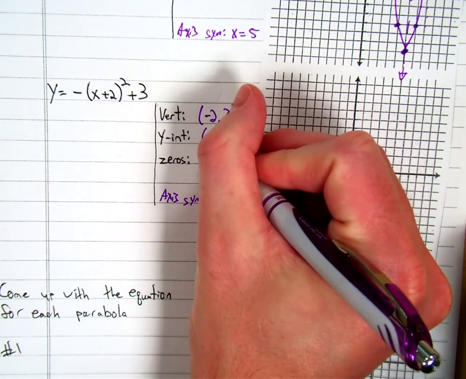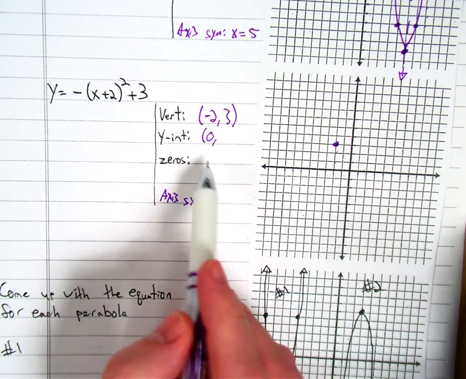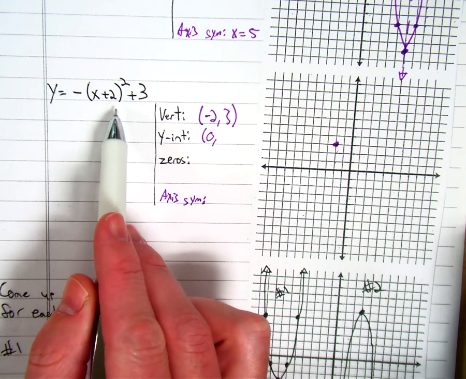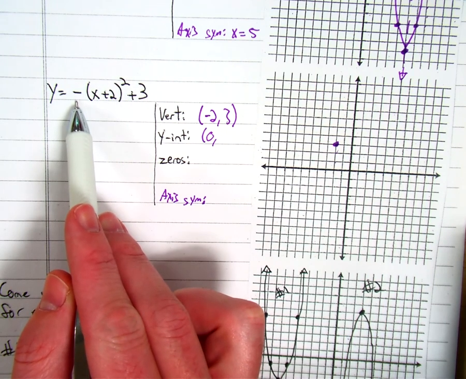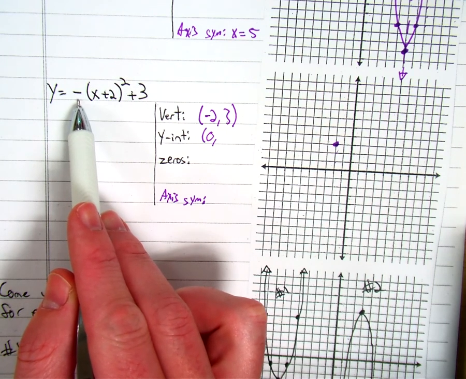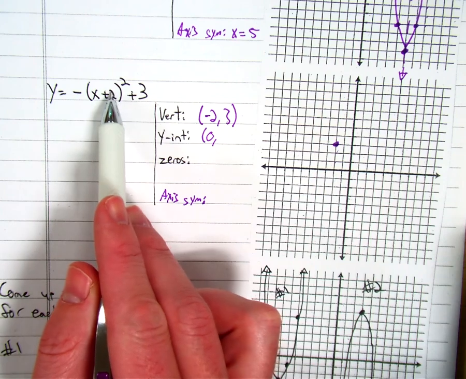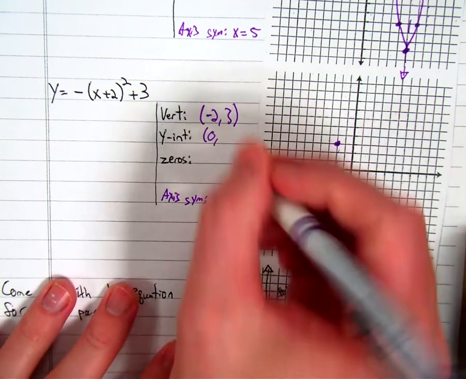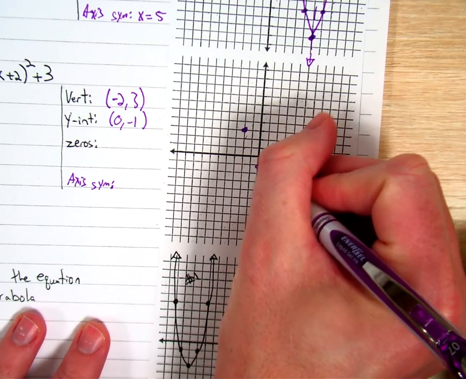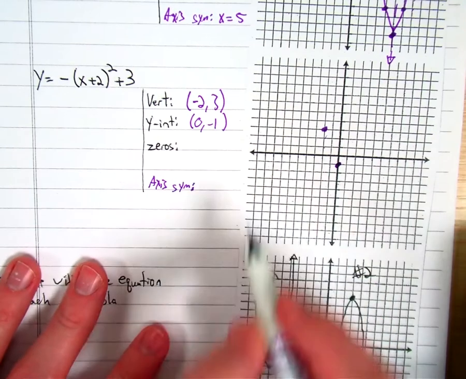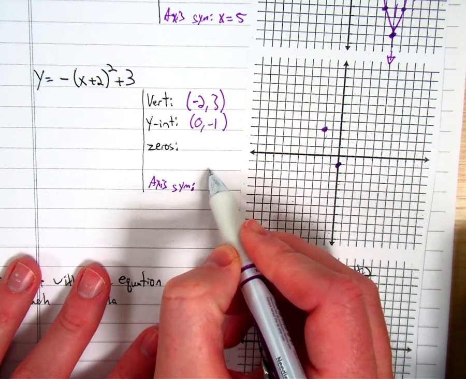Did I pick a better number this time? I think I did. It's 0, comma something. So 0 plus 2 is 2. 2 squared is 4. 4 times negative 1 is negative 4. Plus 3 is going to be negative 1. So 0, negative 1. That's a lot better.